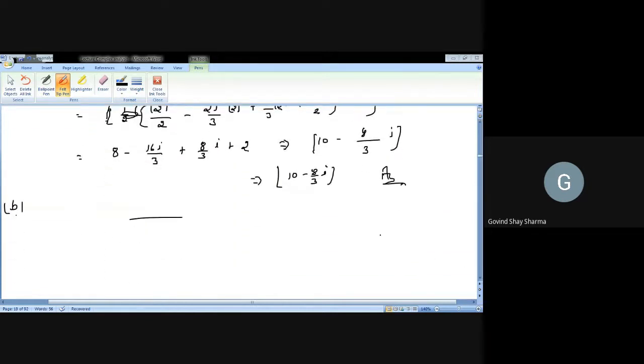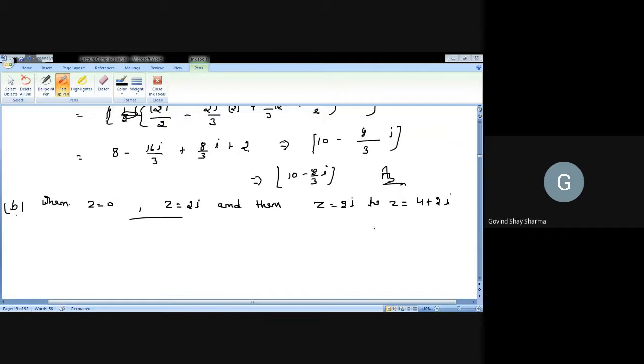Now the second part is given. When z is equal to 0, z is equal to 2 iota, and then z is equal to 4 plus 2 iota.